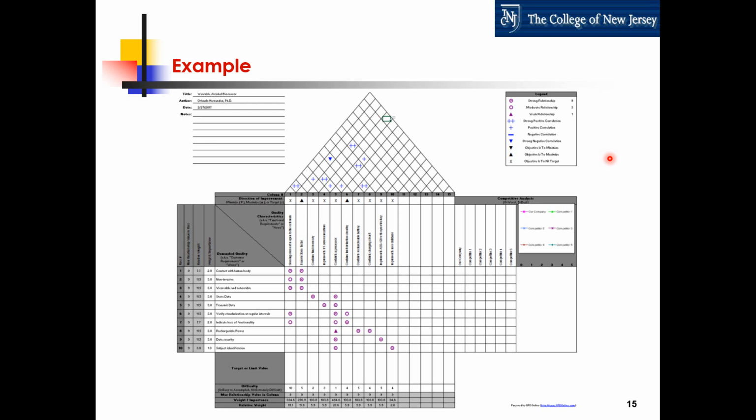Then over here you can have those cross-correlation relationships, okay? You can highlight negative correlation, which may mean that as this technical response becomes more prevalent, it works against this other technical response, okay?